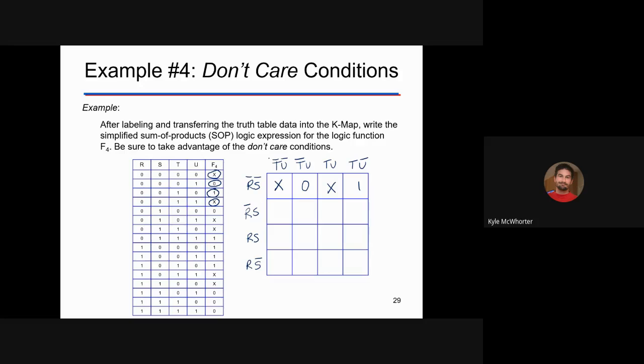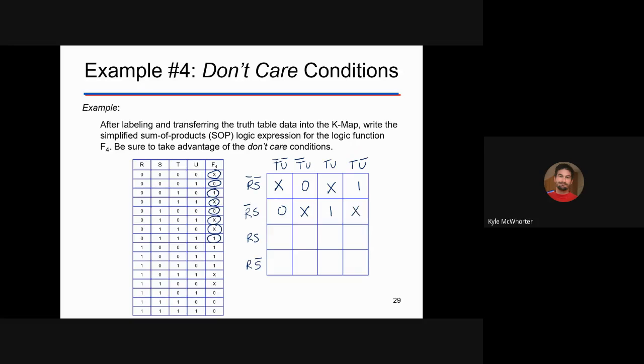0, 1, 0, 0 is right here, so that's a 0. 0, 1, 0, 1 is right here, that's an X. 0, 1, 1, 1 is down here, that's a 1. 0, 1, 1, 0 is right here.